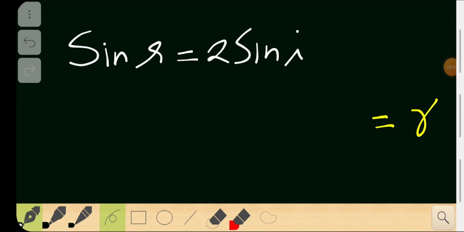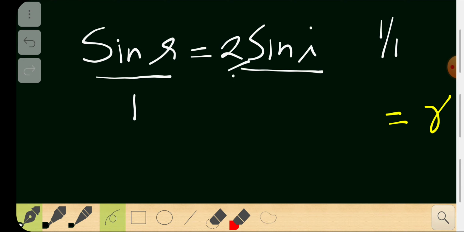The only possible solution is that there must be some cancellation, so this must be equal to 1, because all the other possibilities of root 3 by 2 and 1 by root 2 won't cancel with the 2 here. So 1 must be equal to 2 times 1 by 2.